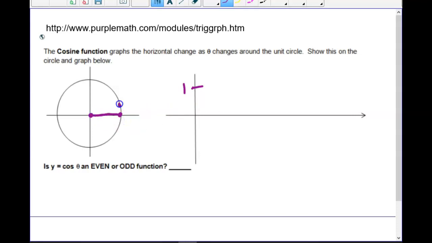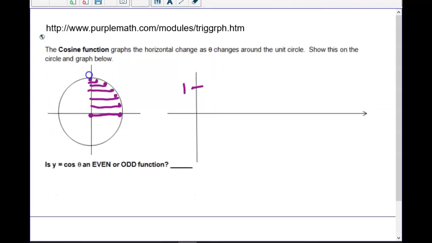And then as you rotate around, what happens to the X values? They get shorter or smaller until they get to 0, right? The ordered pair up here has the 0 for the X value.